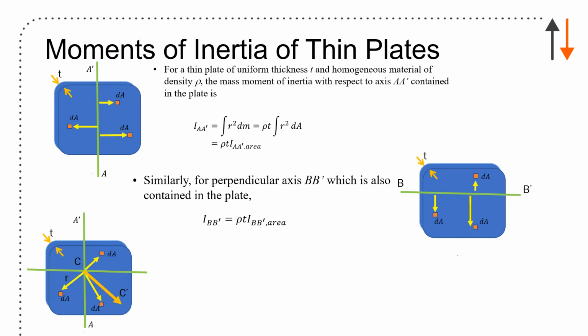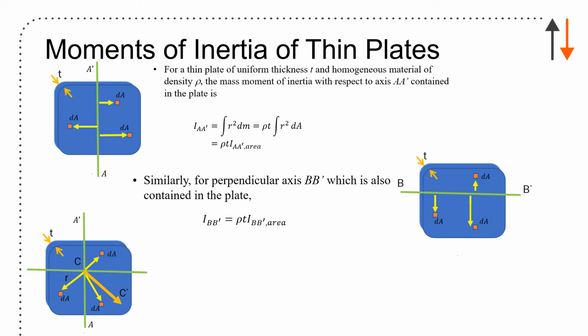And so if I do that, I want to have it as an area integral, so I can say density of material, kilograms per meter cubed, times thickness, meter, and so then I have r squared dA, and that's my meter squared. So out of that, I'll get rho t times I AA prime.